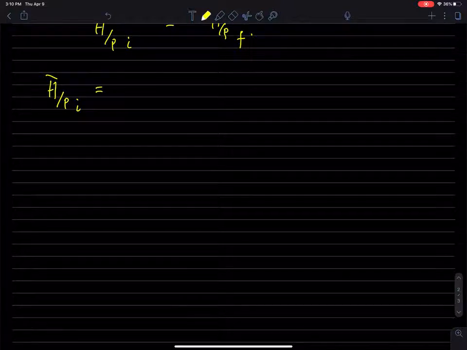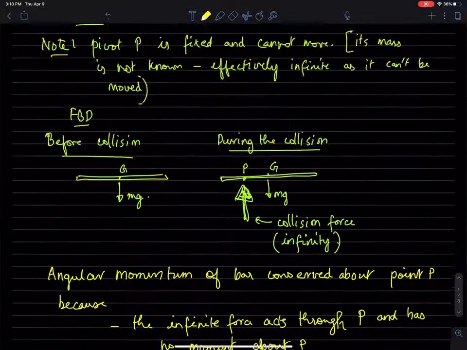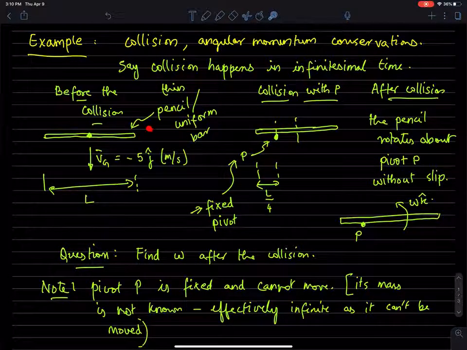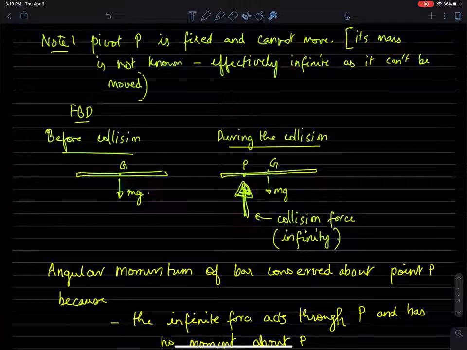Angular momentum is defined as, if you recall your previous video, I omega plus R cross mv.